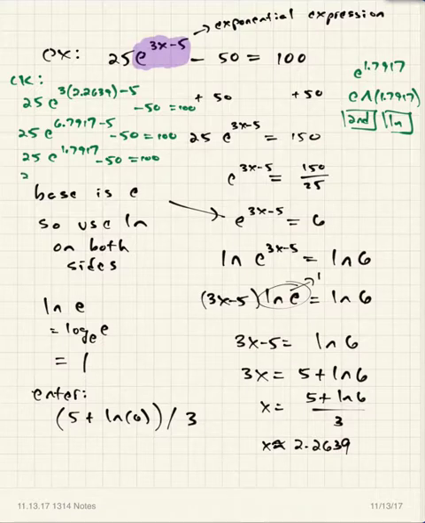So I have 25 times 5.9996, like that, minus 50 equals 100. And I think you can see the writing on the wall when you multiply that by 25.